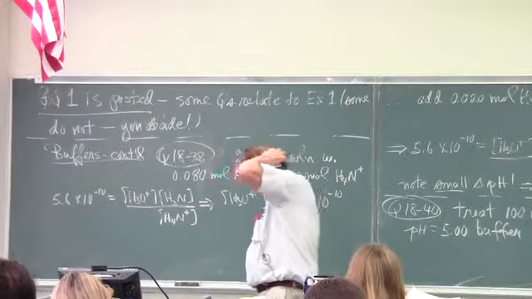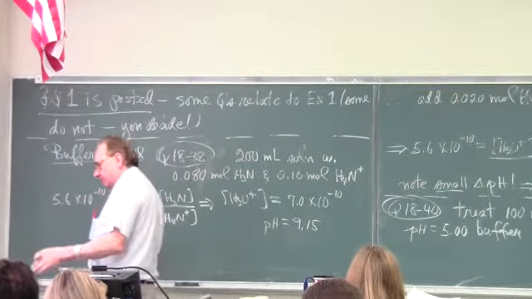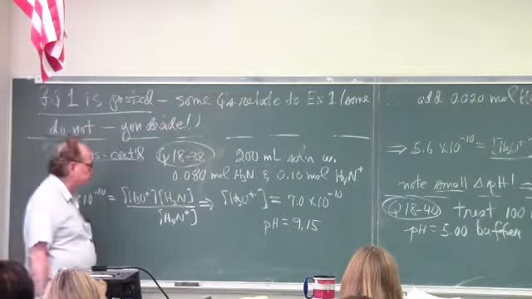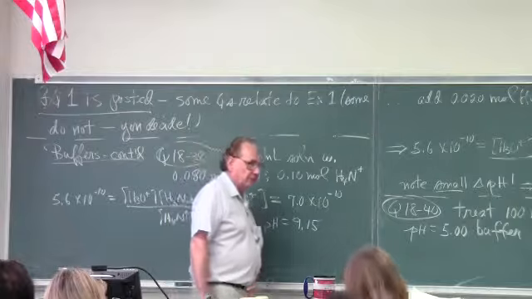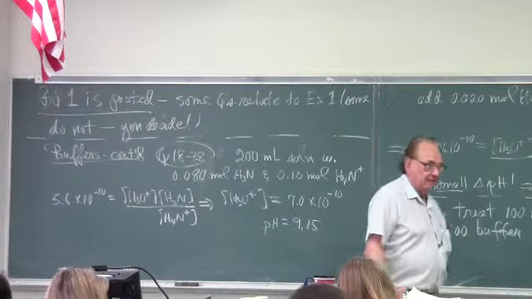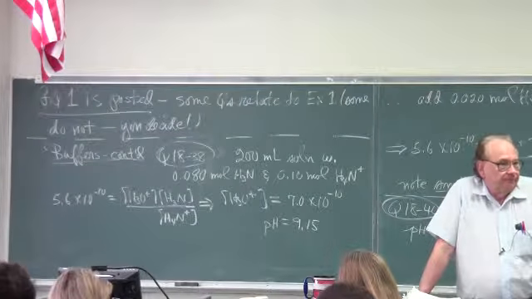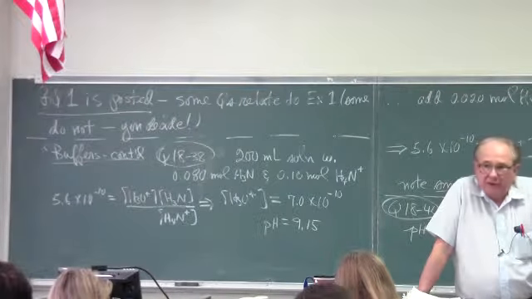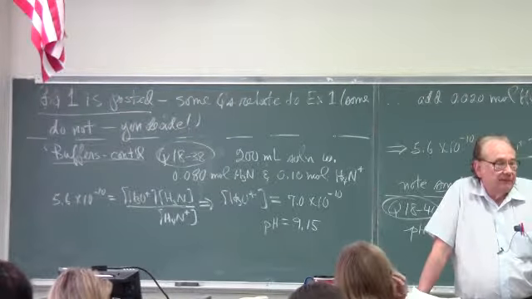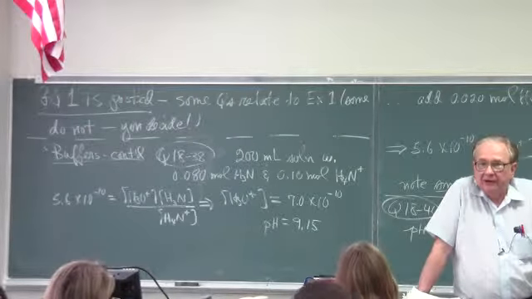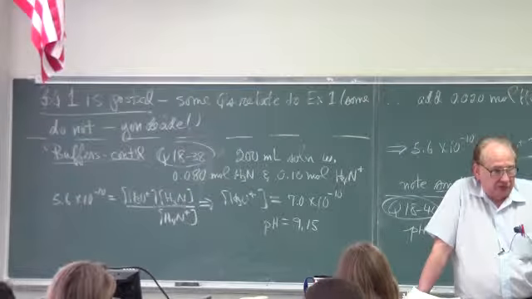All right. Back to buffer system analysis. We left you with this. A solution is prepared which contains both ammonia and ammonium ion as principal species which have a bearing on system pH.